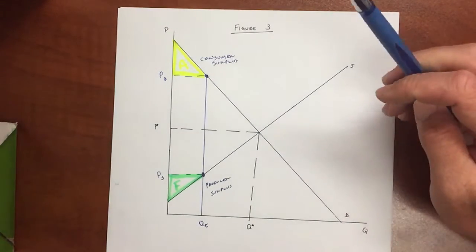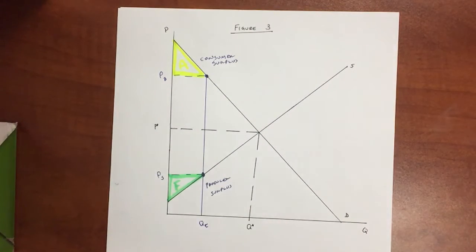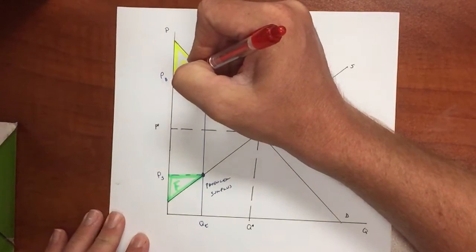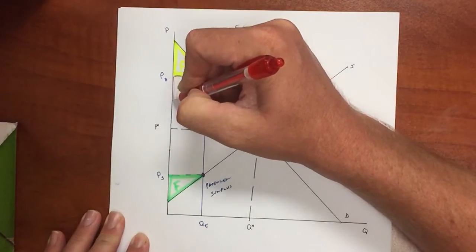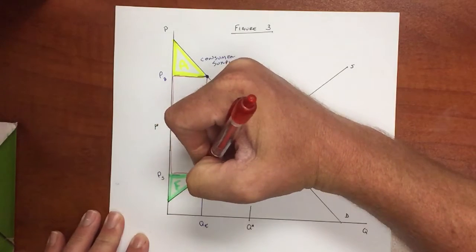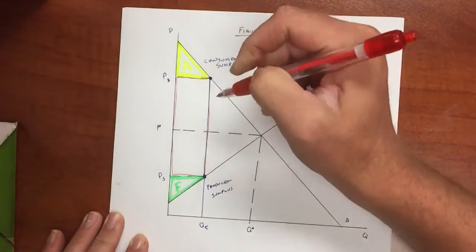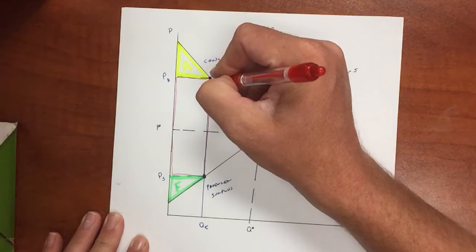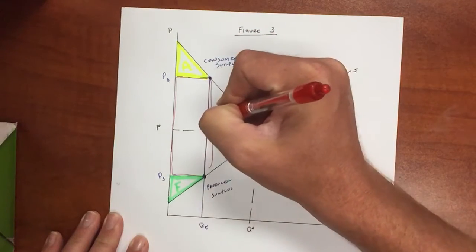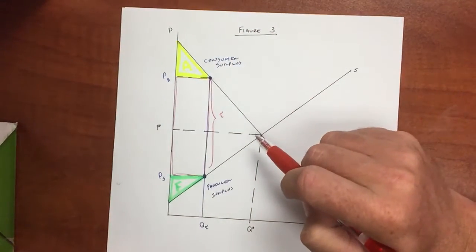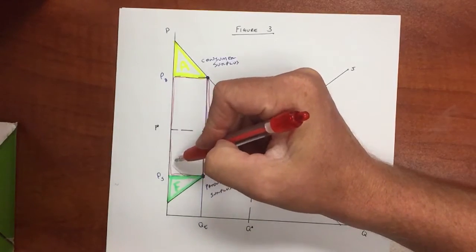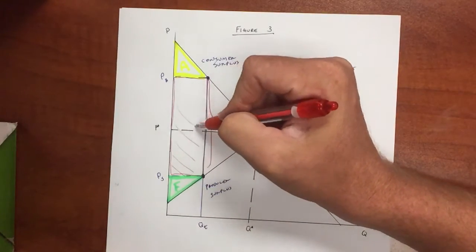Now we want to ask, what are these different areas here? Well, this whole area is represented by the size of the tax. Remember, this distance right here is the size of the tax, and the horizontal distance is the quantity.